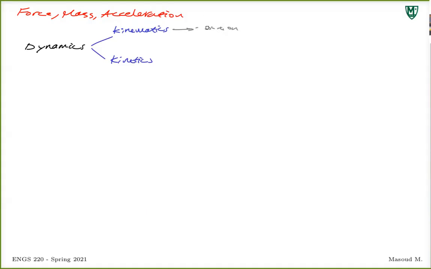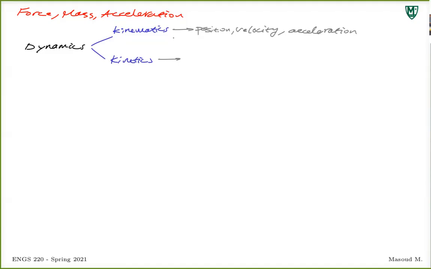Position, velocity, and acceleration. Kinetics, right? Now this is new. Now we're going to start talking about dynamics, which includes both kinematics and kinetics.